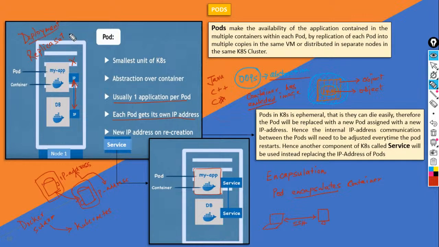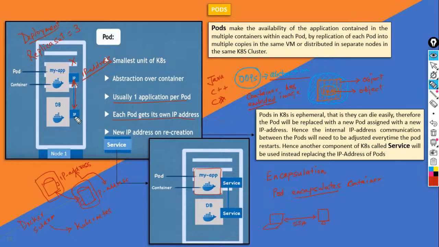You say, I want 3 replicas of this pod. But one has died. So the new pod that will be created will have a different IP address. It will not be the same. The IP address will be randomly allocated.